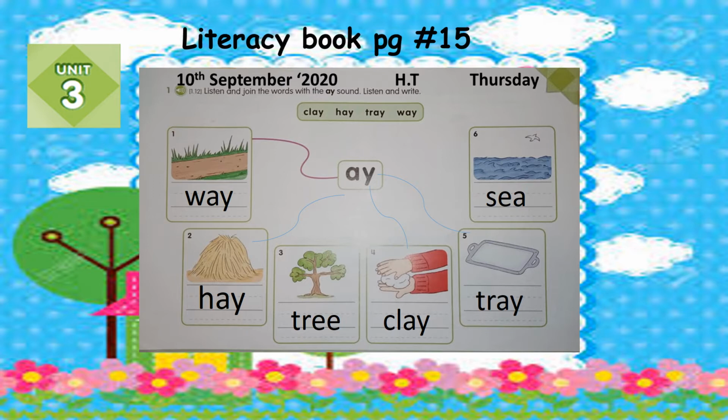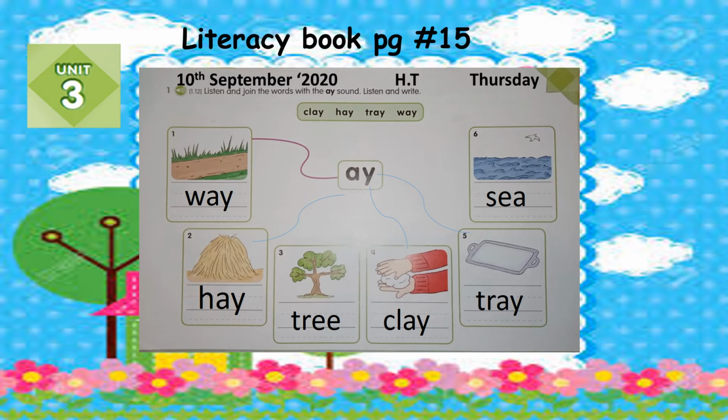Words are given on the top: clay, C-L-A-Y, clay, hay, H-A-Y, hay, tray, T-R-A-Y, tray, way, W-A-Y, way. In the middle of the page, digraph A is given, and there are 6 pictures on this page.